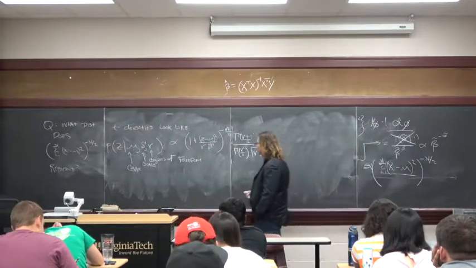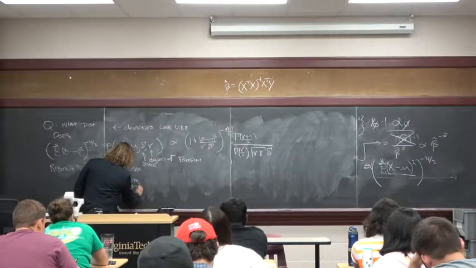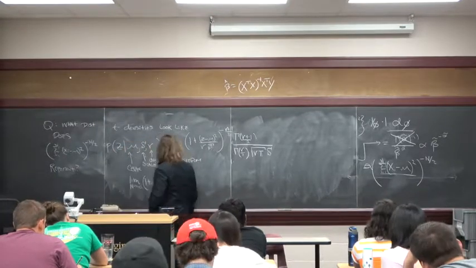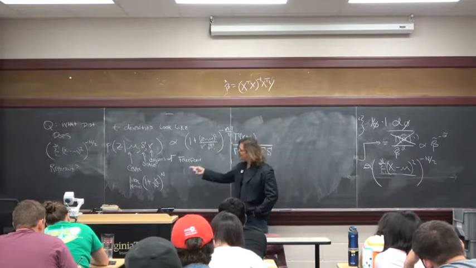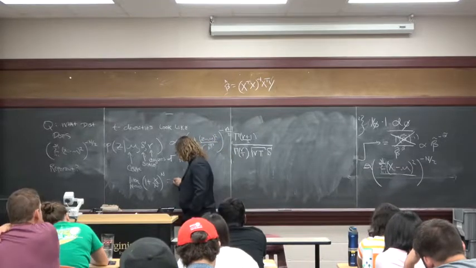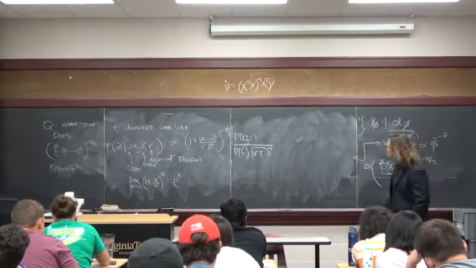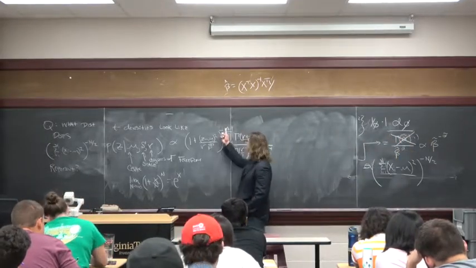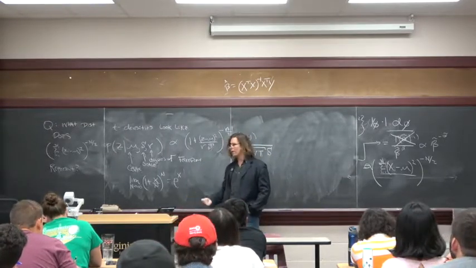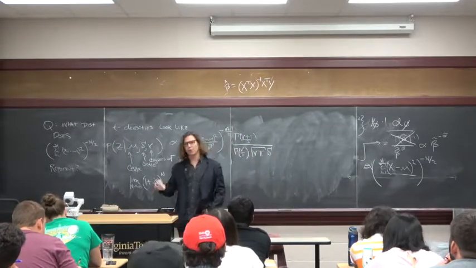It might help you to recognize that the limit as n goes to infinity of (1 plus x over n) raised to the n has the same asymptotics as this. If I just take this limit right here, this is e to the x, a wonderful mathematical fact. And so as the degrees of freedom goes up in the problem, this starts to look more and more like a normal distribution. That's kind of a cool thing.